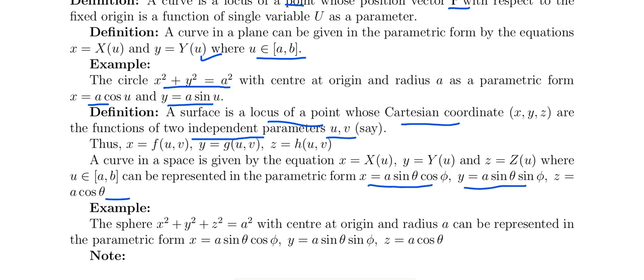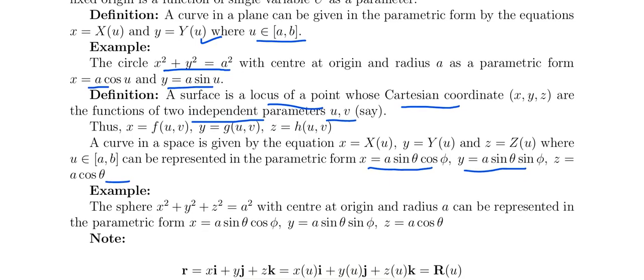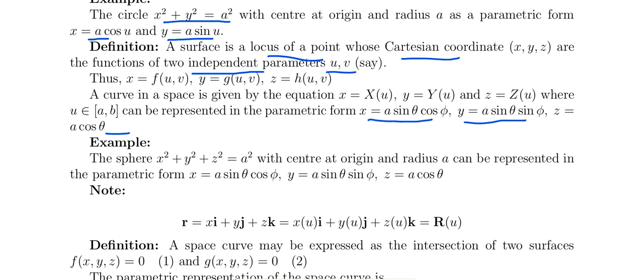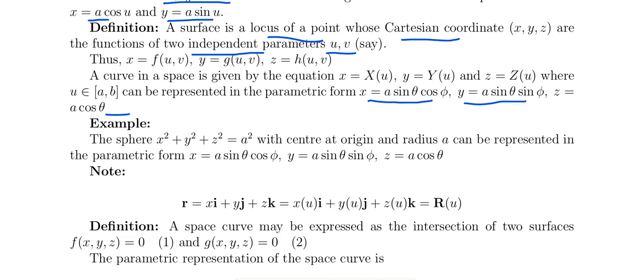So this is the parametric equation of a sphere. The sphere x square plus y square plus z square equal to a square, with the center at the origin and radius a, can be represented in the parametric form x equal to a sin theta cos phi, y equal to a sin theta sin phi, z equal to a cos theta.